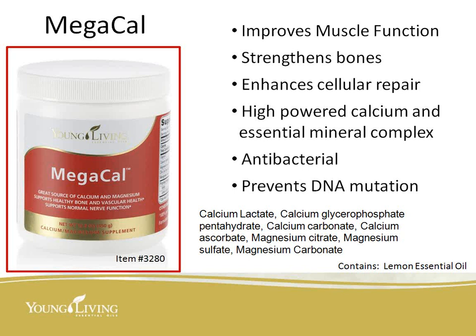It's a high-powered calcium and essential mineral complex. It's antibacterial, and remember, inflammation can be caused from microbes or bacteria, and it prevents DNA mutation. You'll notice that it has 4 different types of calcium in it. It also has 3 different types of magnesium, and calcium and magnesium work together. It also contains the essential oil of lemon.